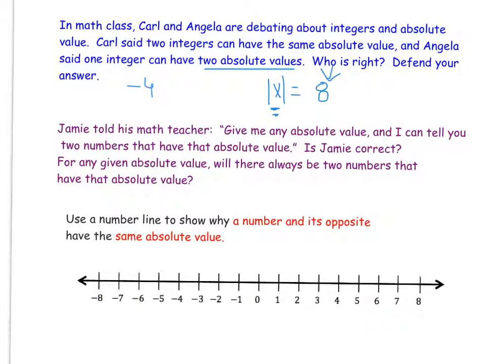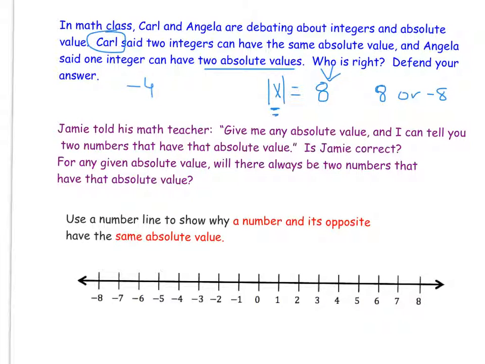If you had a number whose absolute value is 8, that number could be 8 or negative 8. So I agree with Carl.